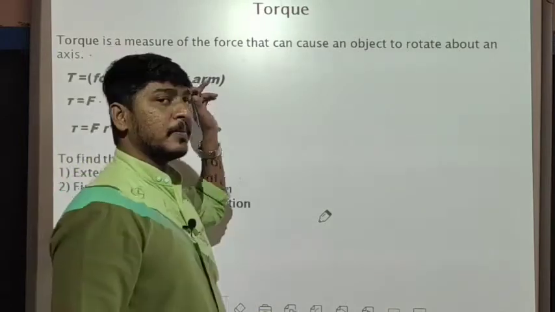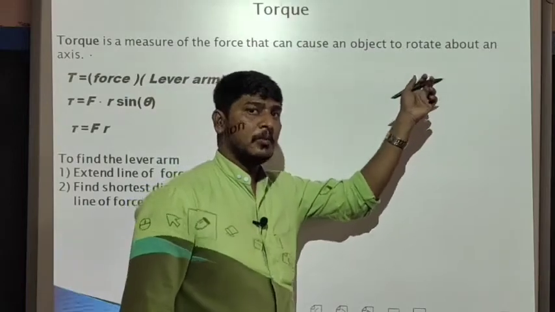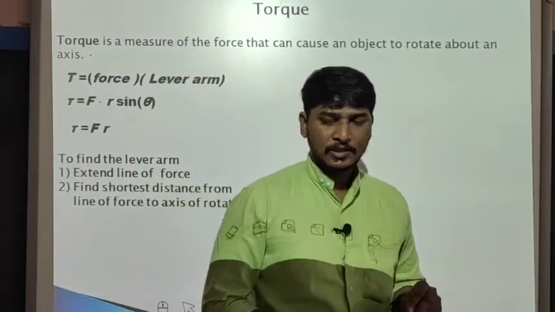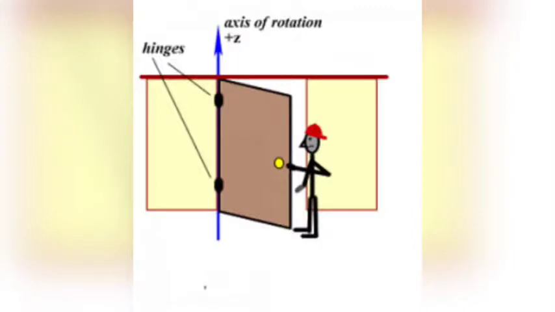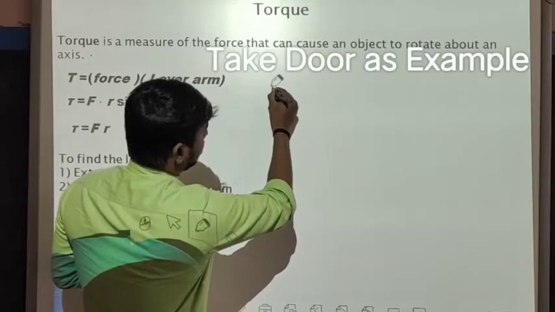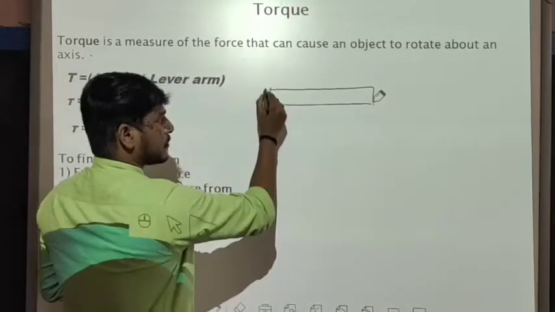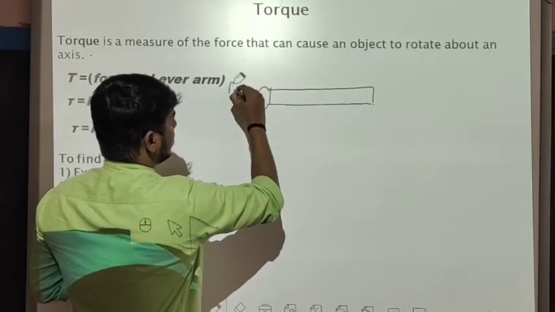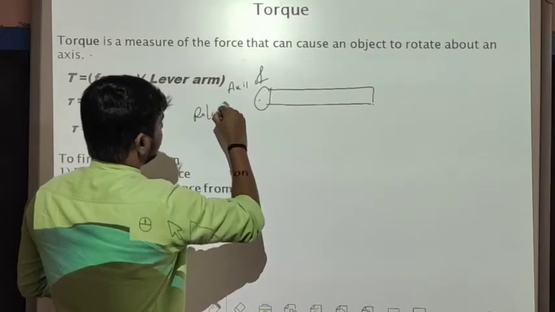Simply, torque is a measure of the force that can cause an object to rotate about an axis. Here I will try to explain torque by taking one simple example. I am going to consider one object and its one end is fixed, and I will call it the axis of rotation.